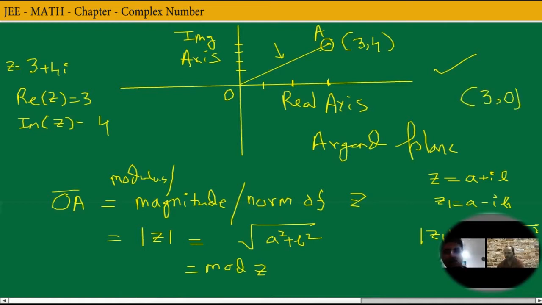Now if we try to plot those numbers, let's say 3. So 3 means imaginary part is 0, so (3, 0) would be somewhere here. So what does it mean? All the real numbers lie on this axis, the real axis.